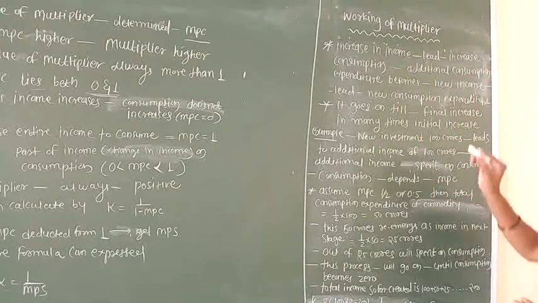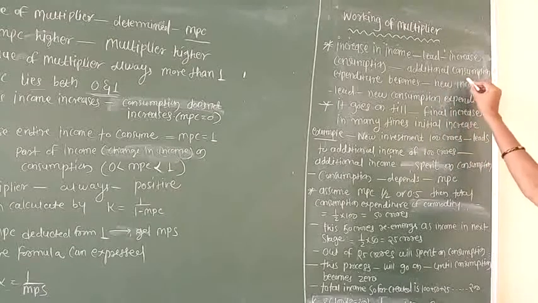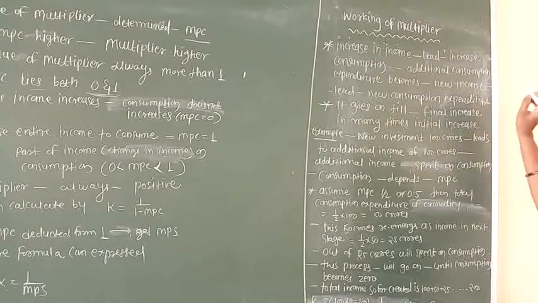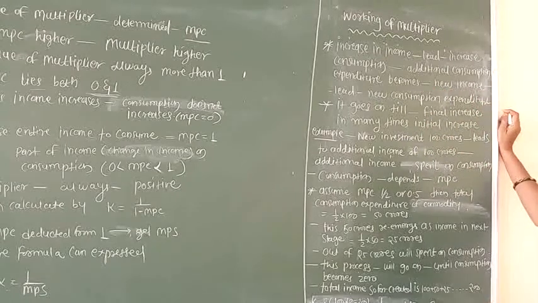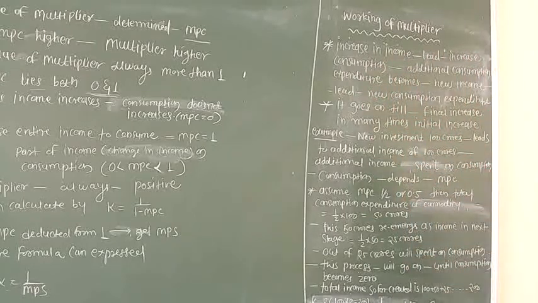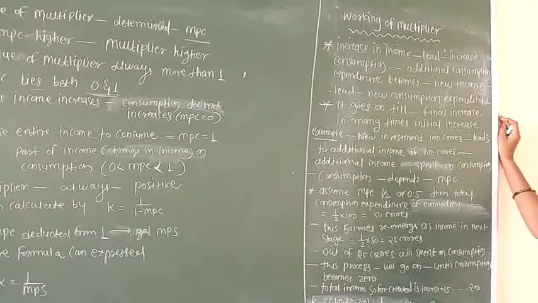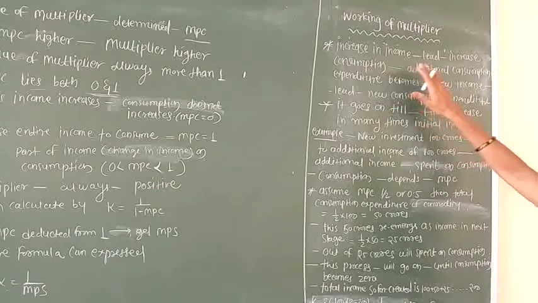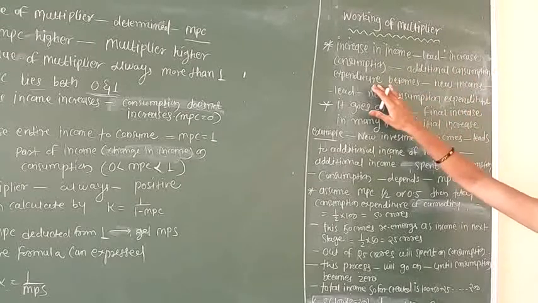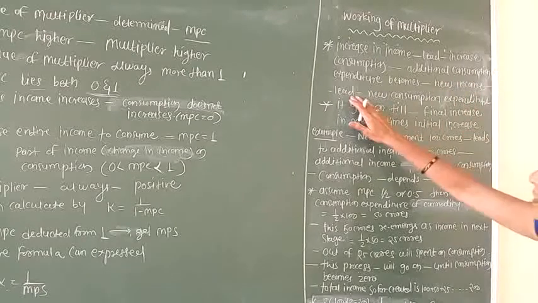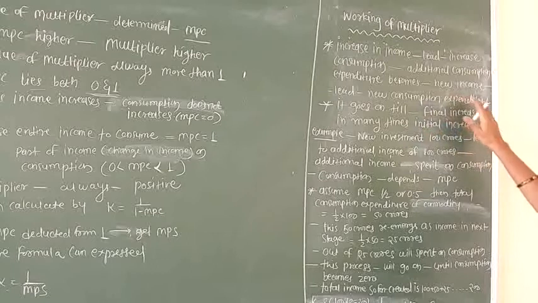And this additional consumption expenditure becomes the new income. See what I said: the increase in income leads to an increase in consumption, means use of goods and services. These additional consumption expenditures become the new income, and lead again to new consumption expenditure.